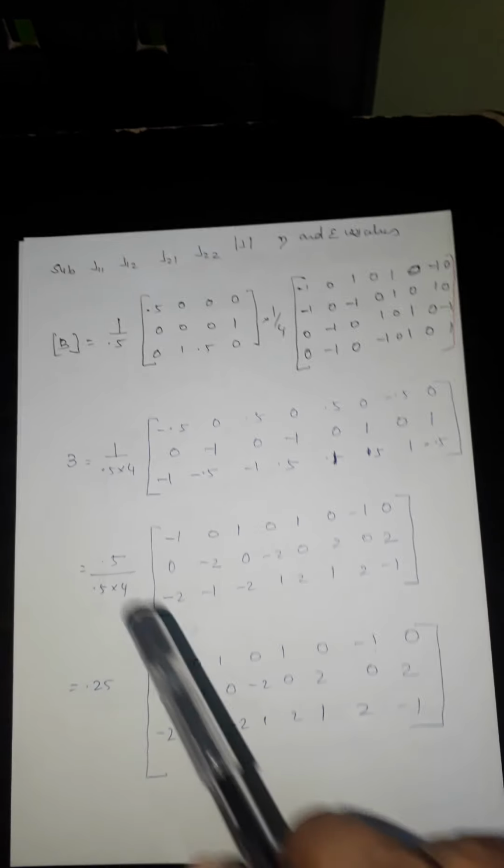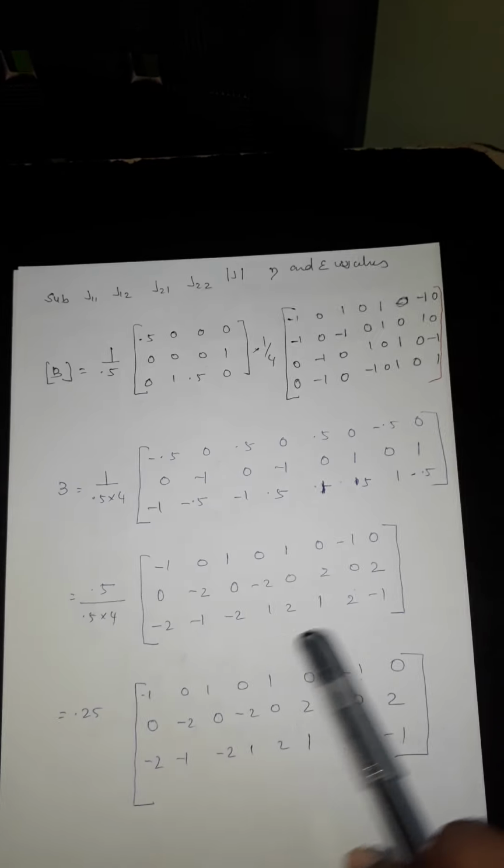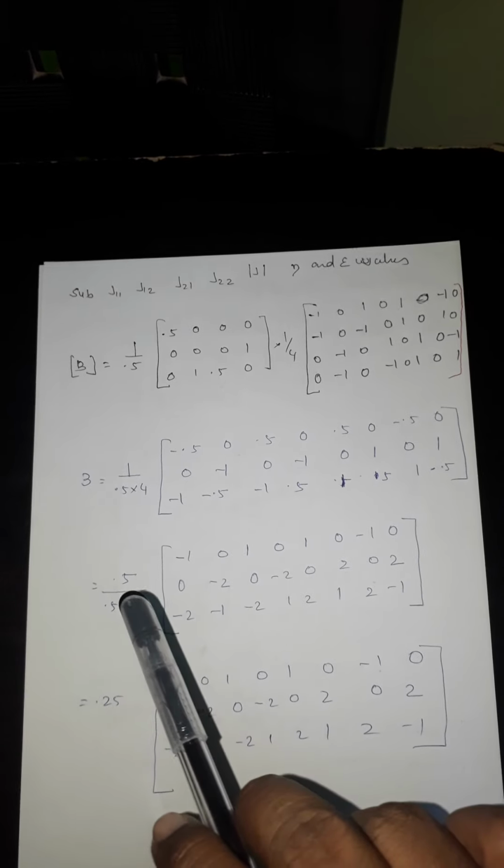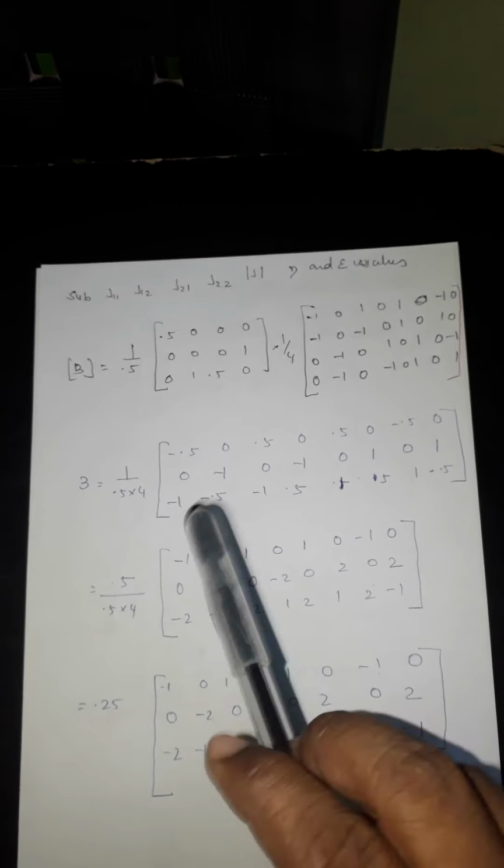You know every value we found on the previous page. Eta and epsilon are given, and J11 to J22 we have already found. I substituted all the values, multiplied, took out the 0.5, and divided, and you get this value. So you got the B value.